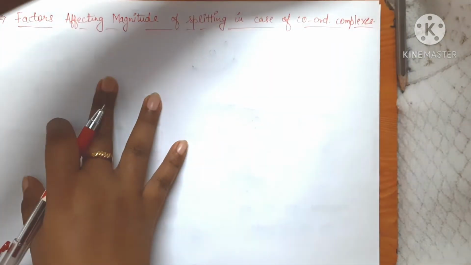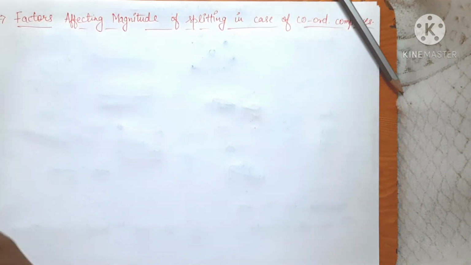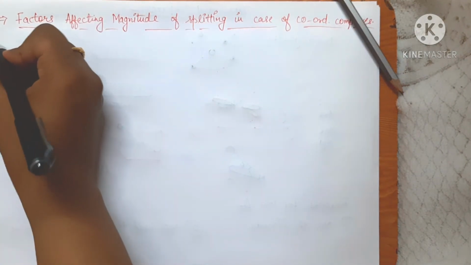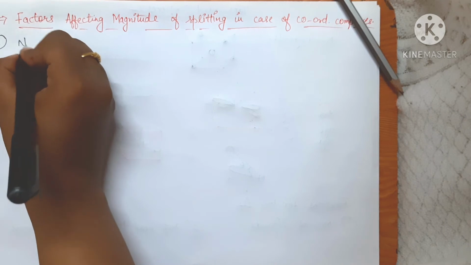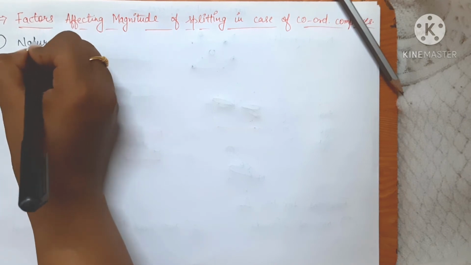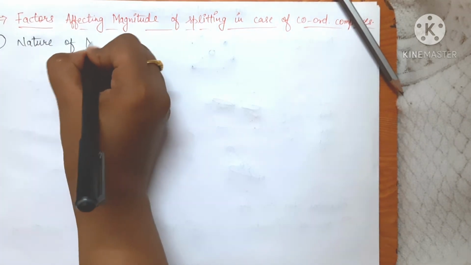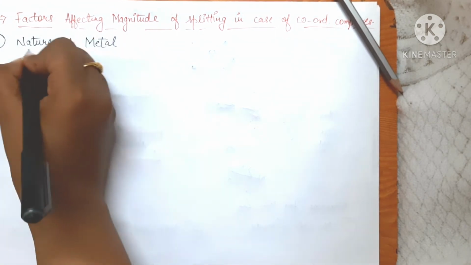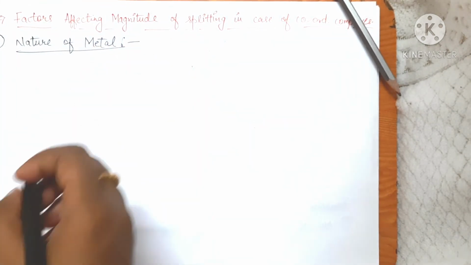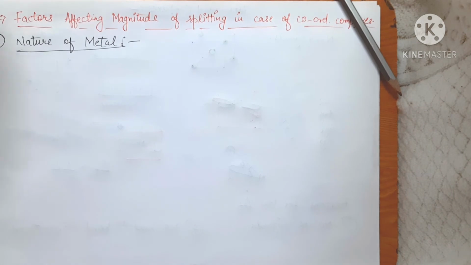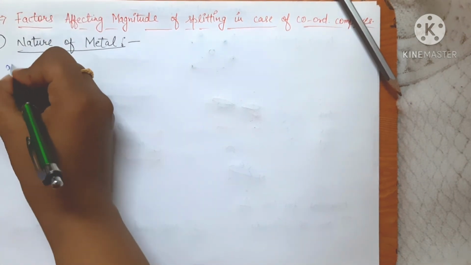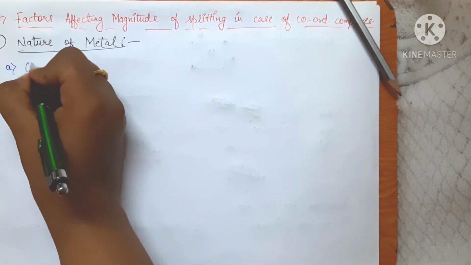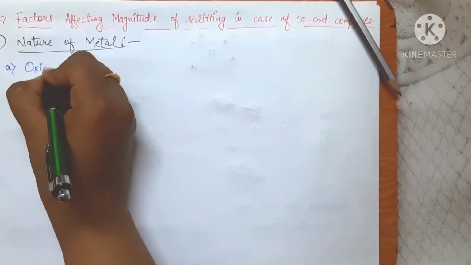Okay, so the first factor which we are going to discuss is the nature of metal. If we are talking about the nature of metal, then first in that category we will discuss the oxidation state.